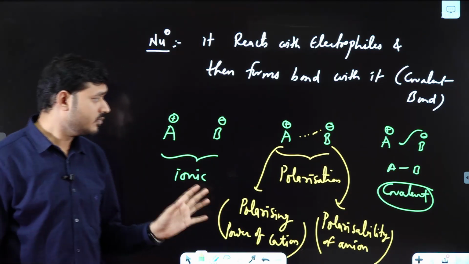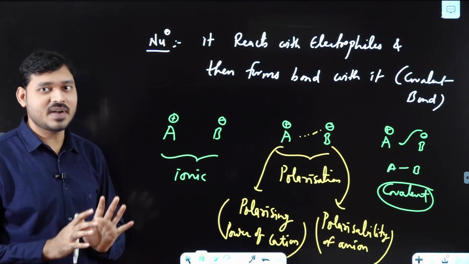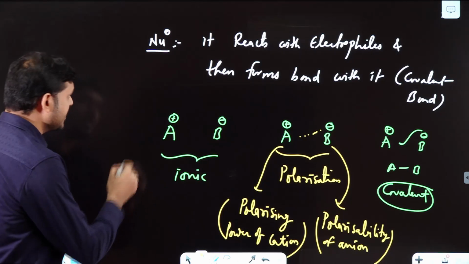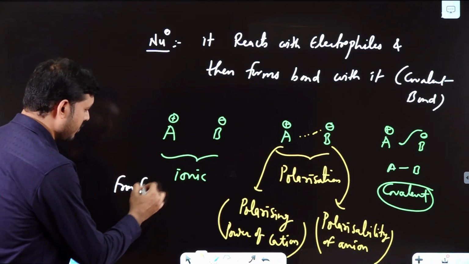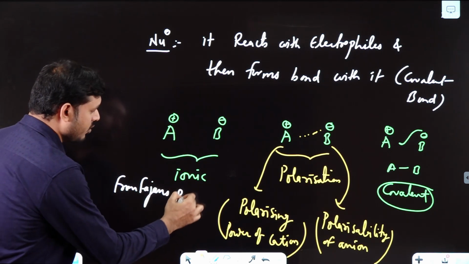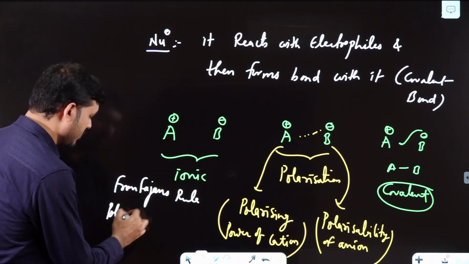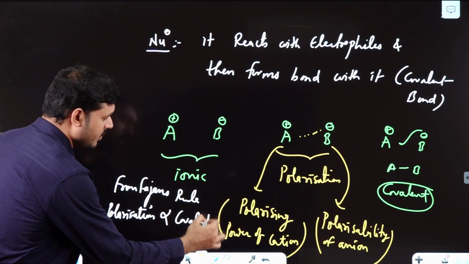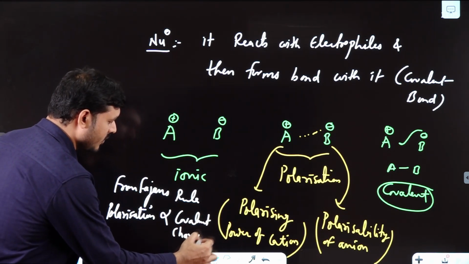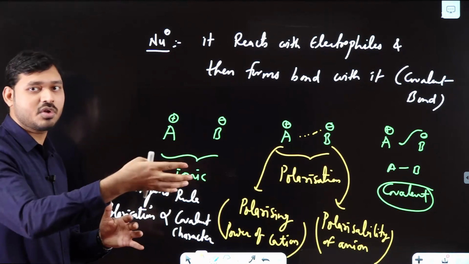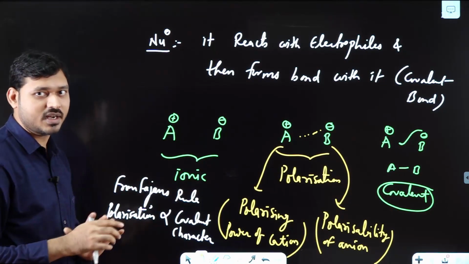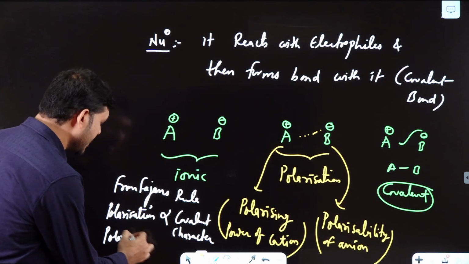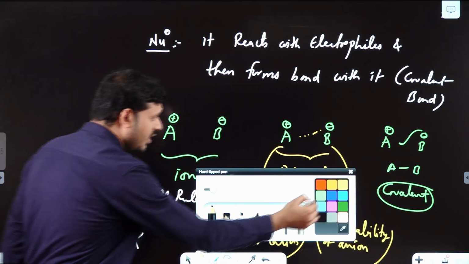Now from Fajan's rule, if polarization is more, then covalent character is more. First point, polarization is directly proportional to covalent character. More the polarization, more will be covalent character. Second point, polarization is directly proportional to size of what?